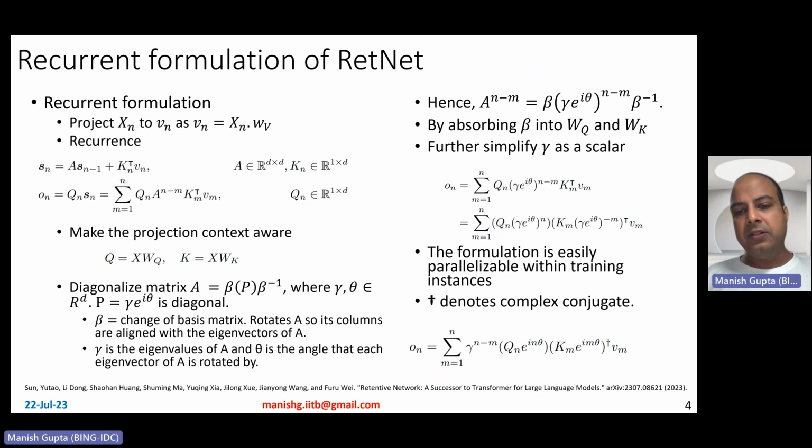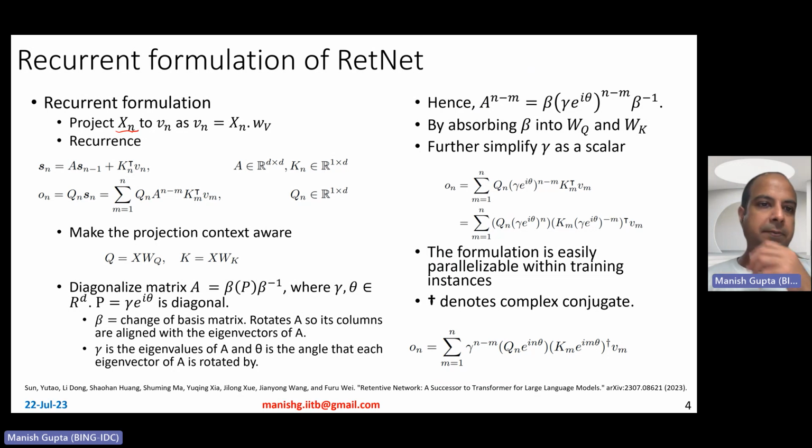Okay. So again, there's some math, but I'll walk you through it. The idea is that you take X, so your inputs are multiple words, or tokens. You can consider them as tokens in general, but maybe I'll use words interchangeably. For every token, you represent it as Xn.